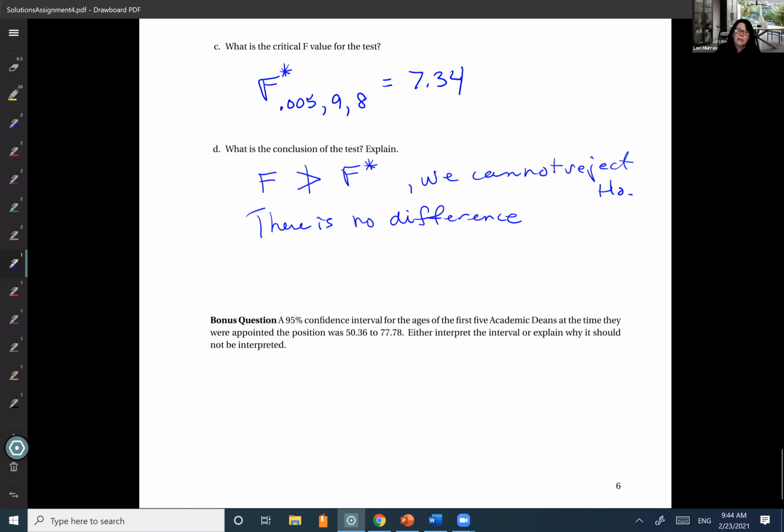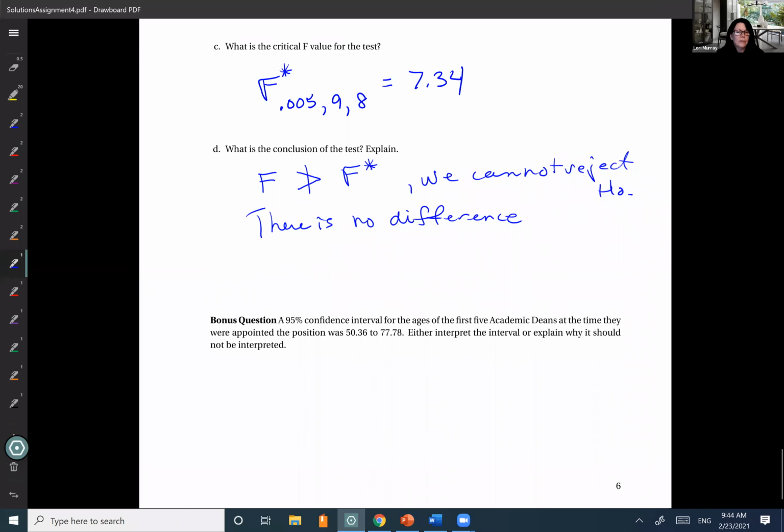Now, had the question said we took a random sample of 5 academic deans during the past 30 years or 50 years, then you would go, okay, that's a confidence interval, because it's coming from a pool of several different academic deans. But here there's no randomness. It's not a sample.